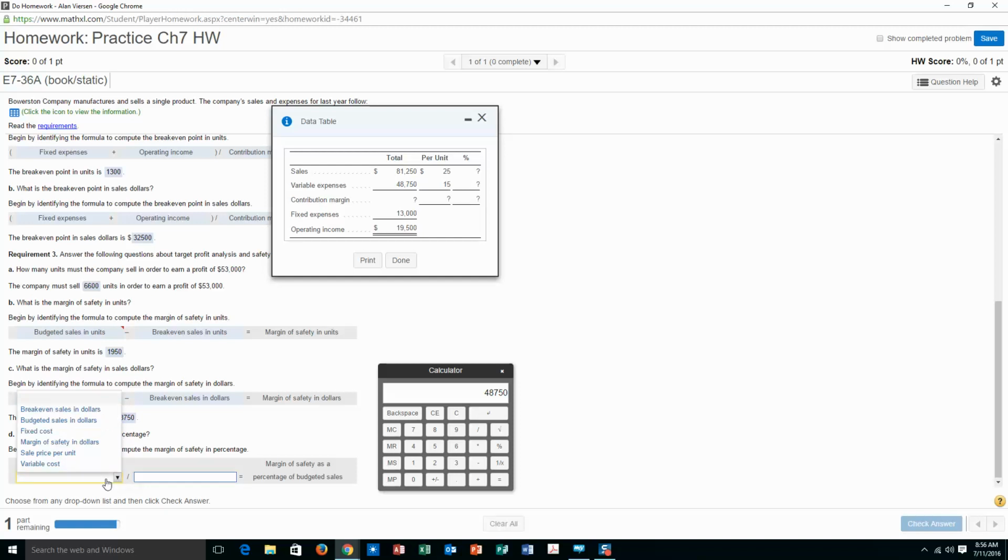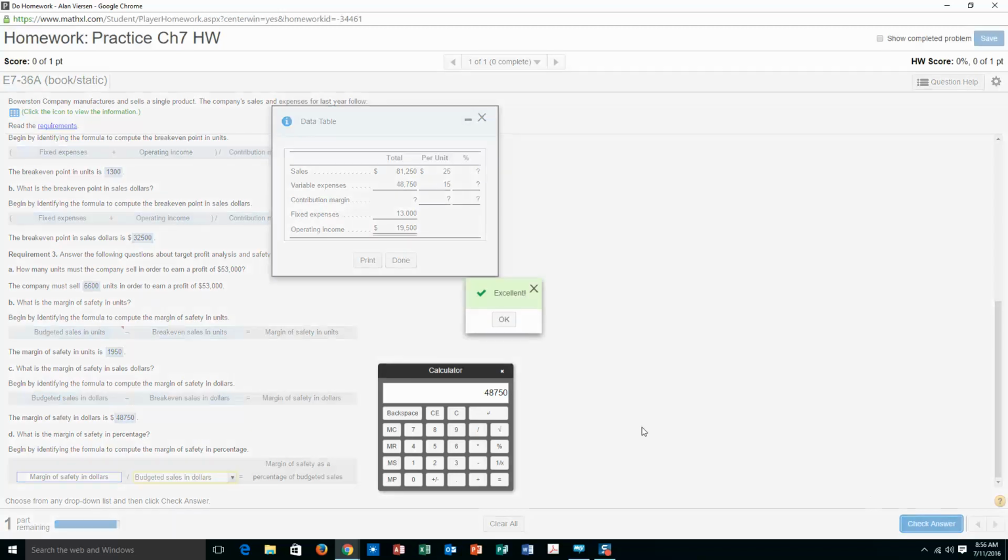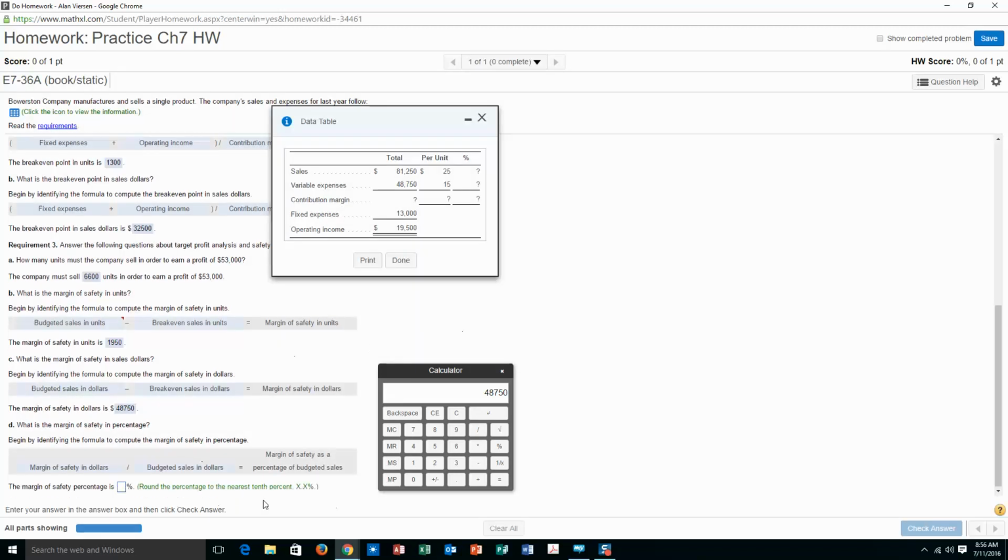This is going to be the margin of safety in dollars divided by the budgeted sales in dollars. So this will be the 48,750, which was our margin of safety we calculated up here.